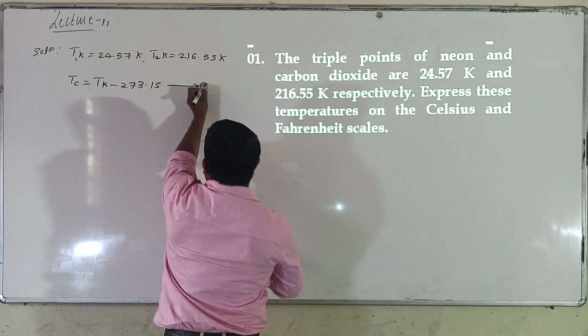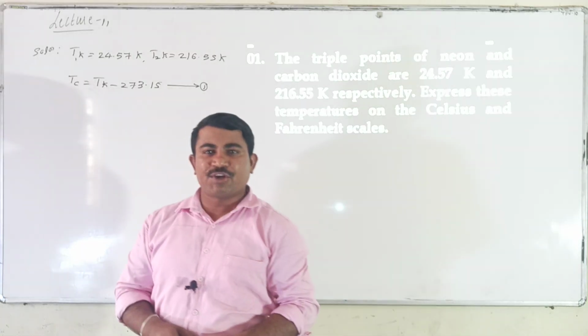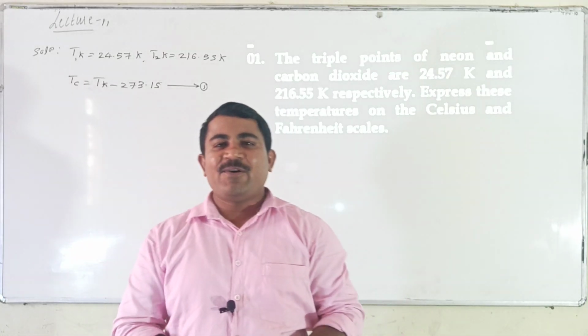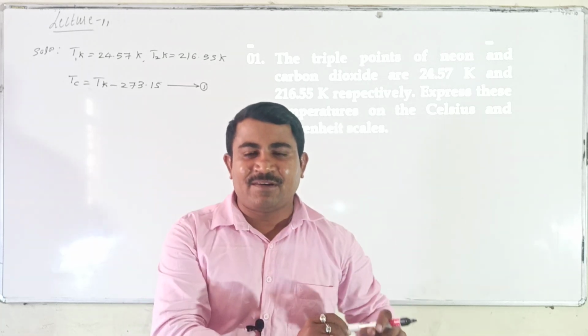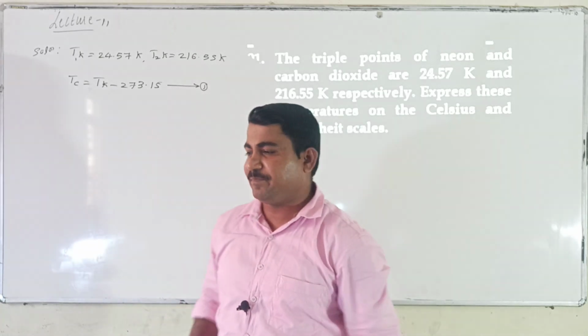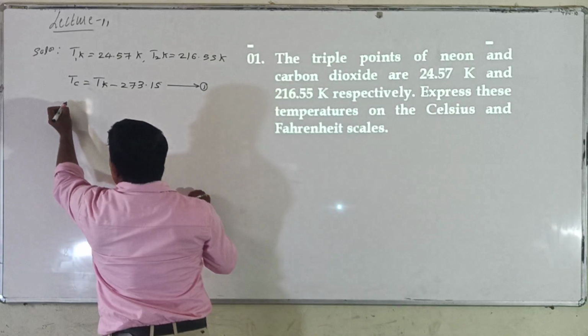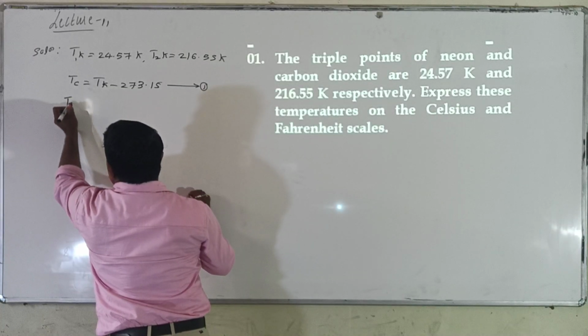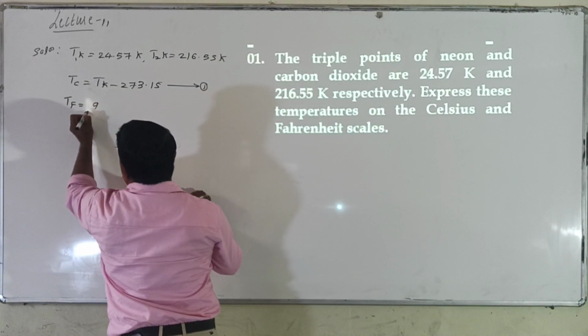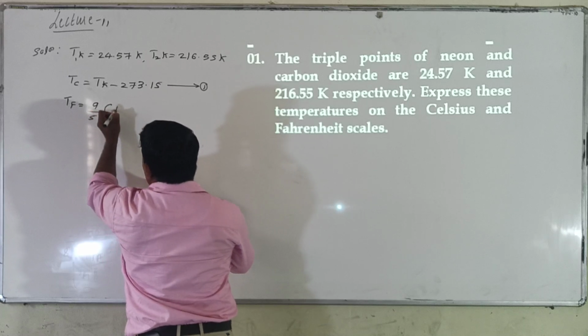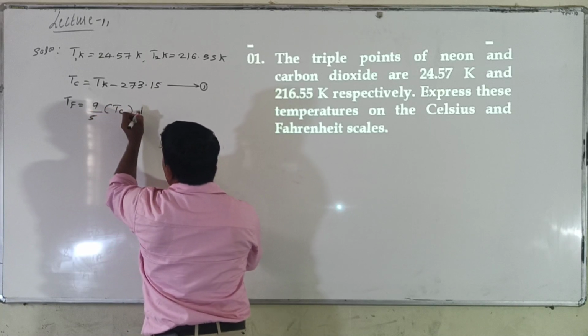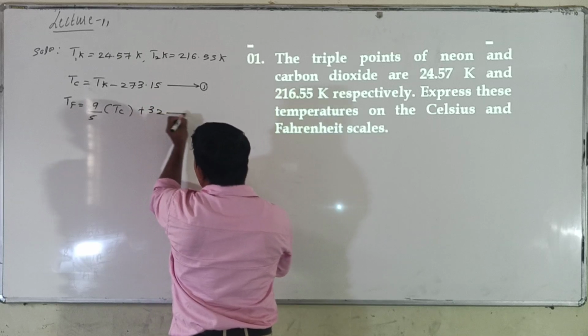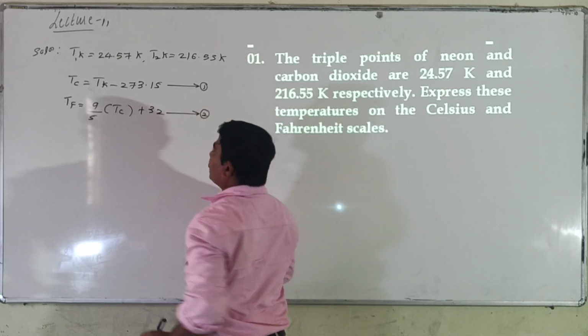Shall I call it equation number 1? Now let us go to the relation between degree Celsius and Fahrenheit. In the Fahrenheit scale the temperature can be expressed by Tf, which is 9 divided by 5 into bracket Tc plus 32. Shall we call it equation 2 now?